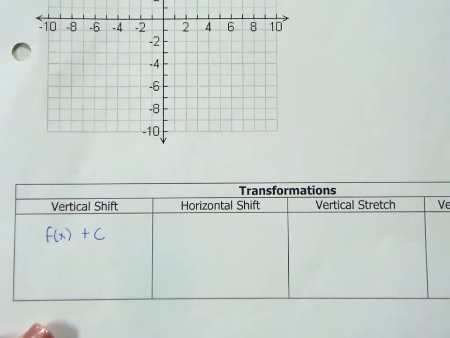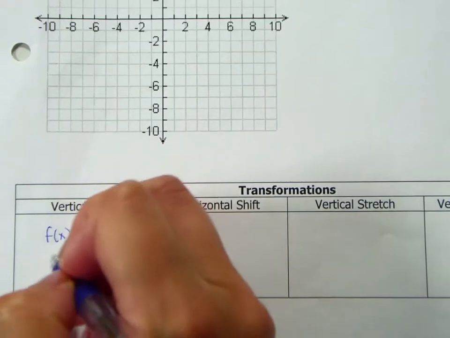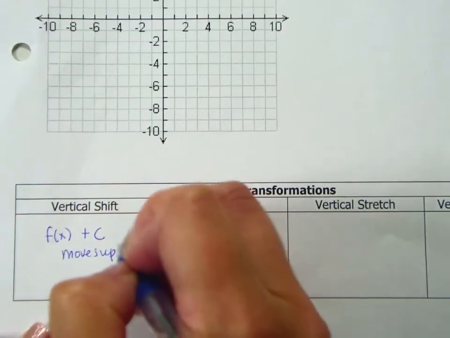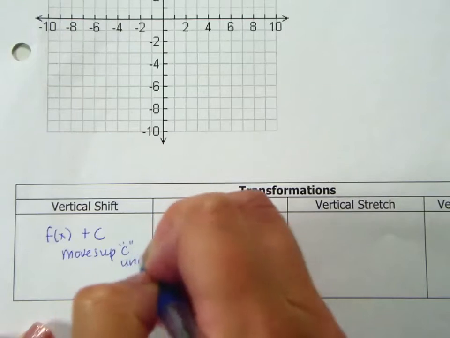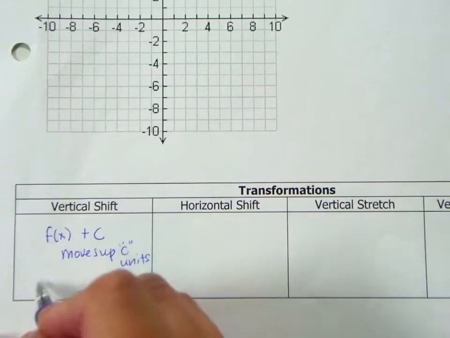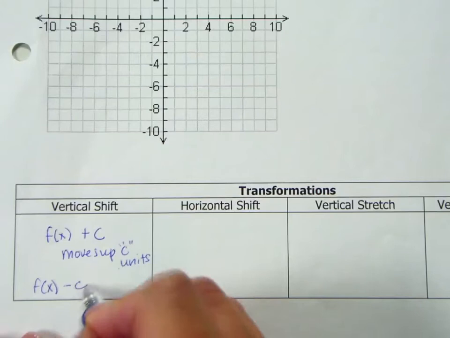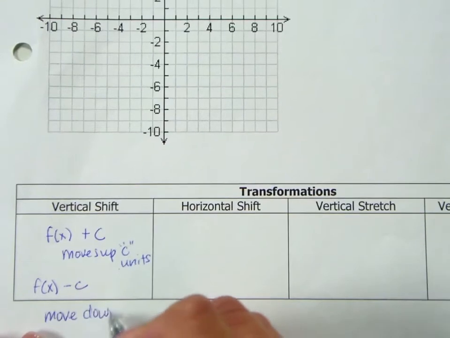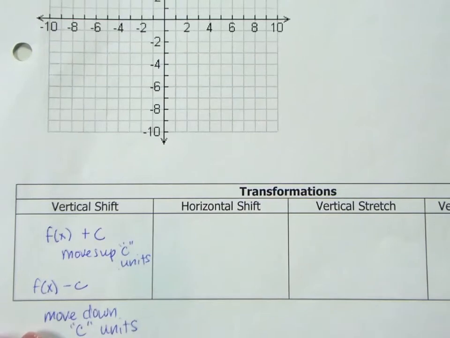What this does is this moves up c units. So whatever that number is, that's how many units it moves up. If we had f of x minus c, then your graph would move down that number of units. And that was the first thing that we saw.